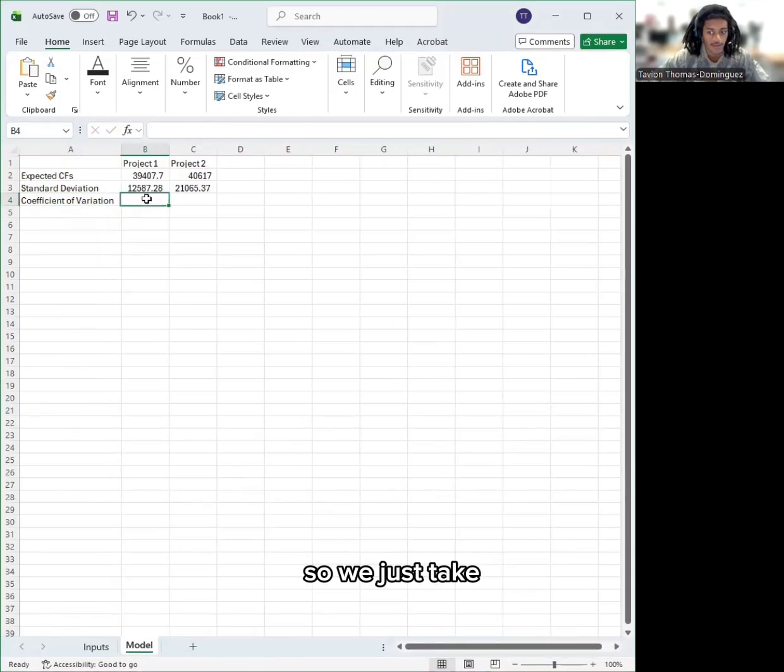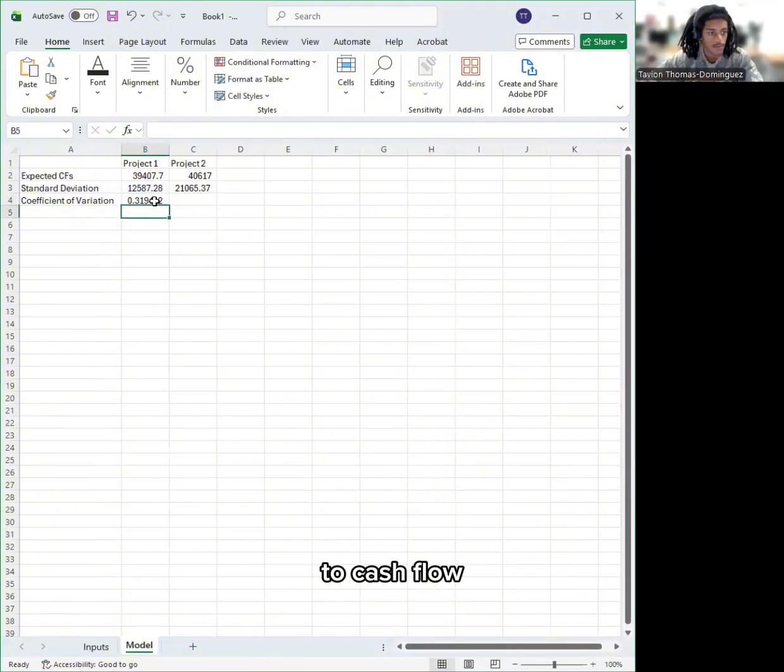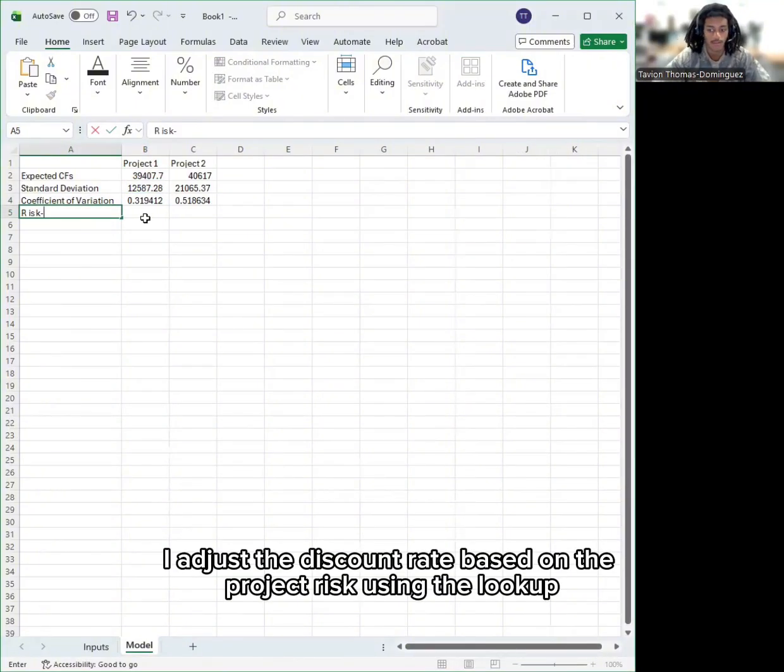So we just take the standard deviation and divide it by the cash flow. I adjust the discount rate based on the project risk using VLOOKUP.